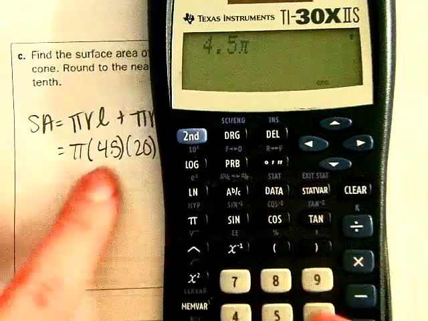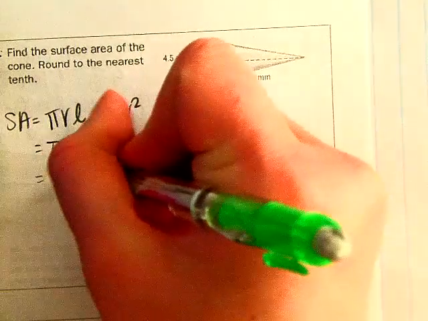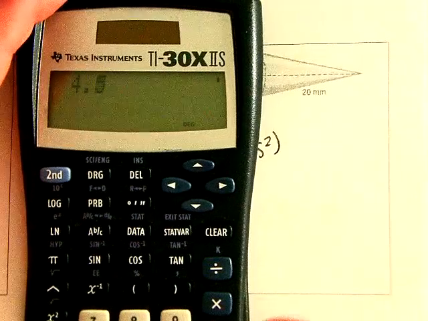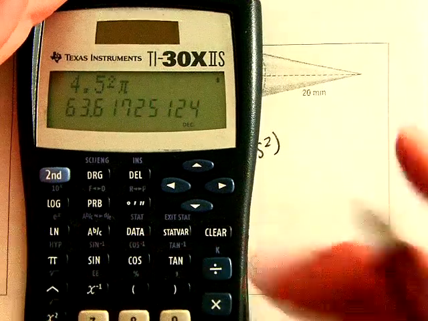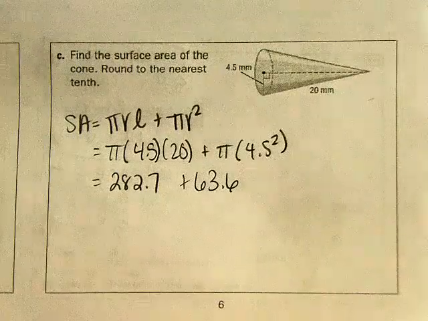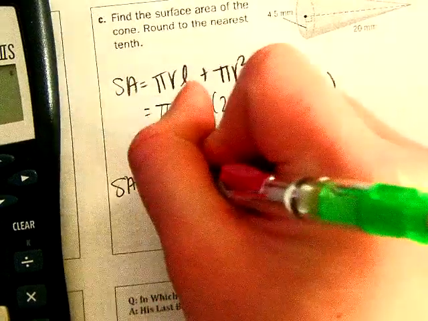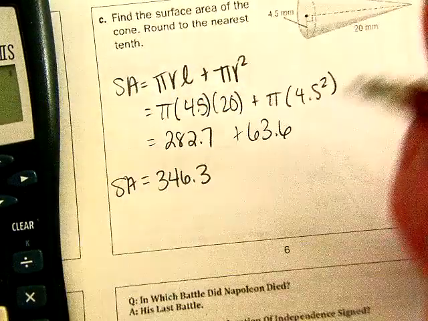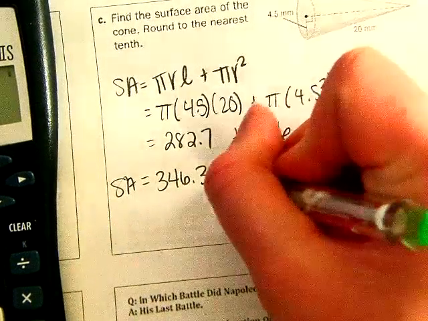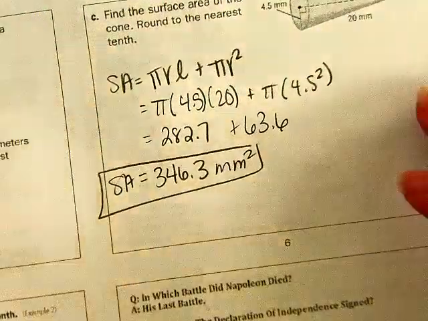So this portion, 4.5 pi 20, that's 282.7. 4.5 squared pi is 63.6. We're going to add those two together, and we get that the surface area of this cone is 346.3 millimeters squared.